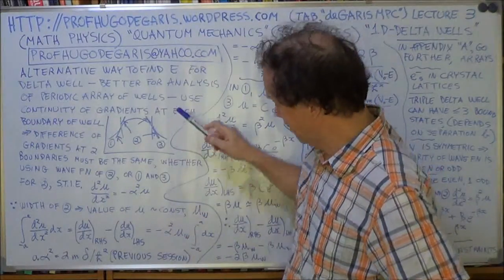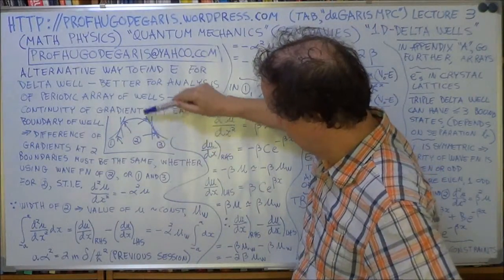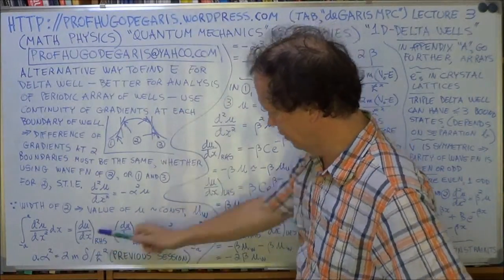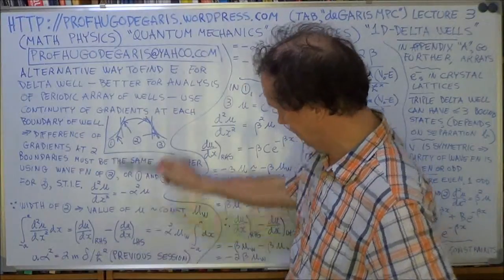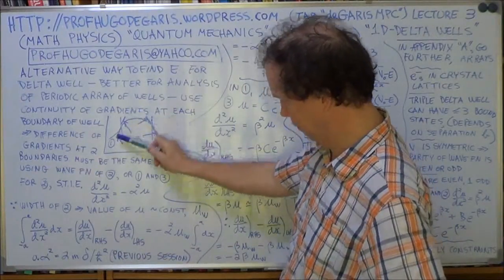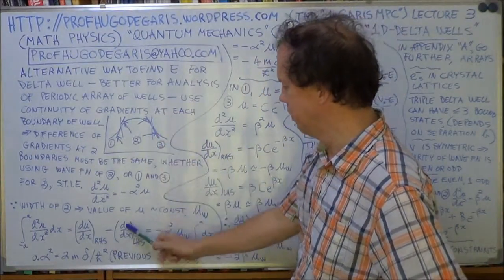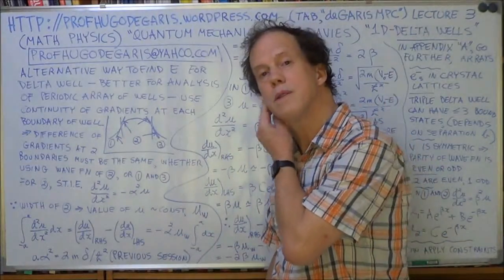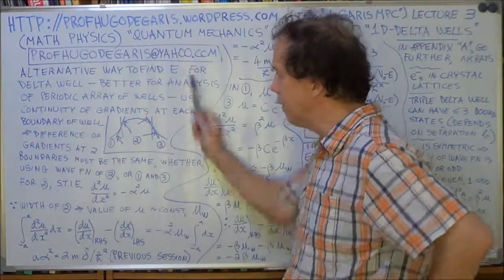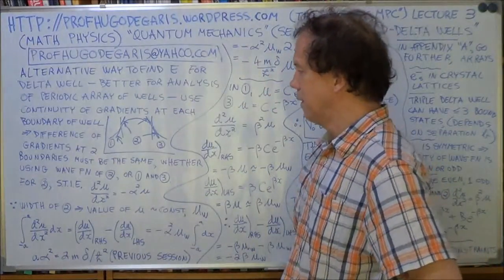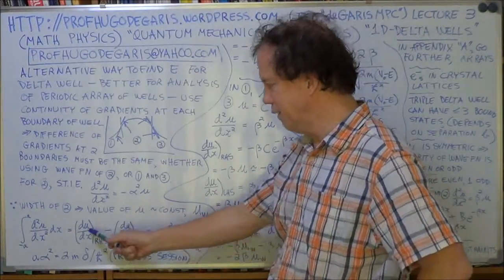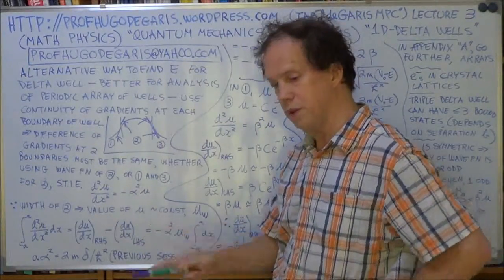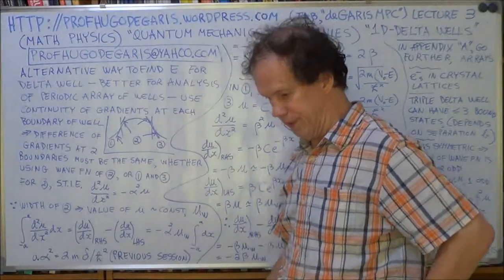So this gradient would be du by dx on the right-hand side, and the gradient here would be du by dx on the left-hand side. The difference in the gradients is what we're going to use. This difference will be useful later.